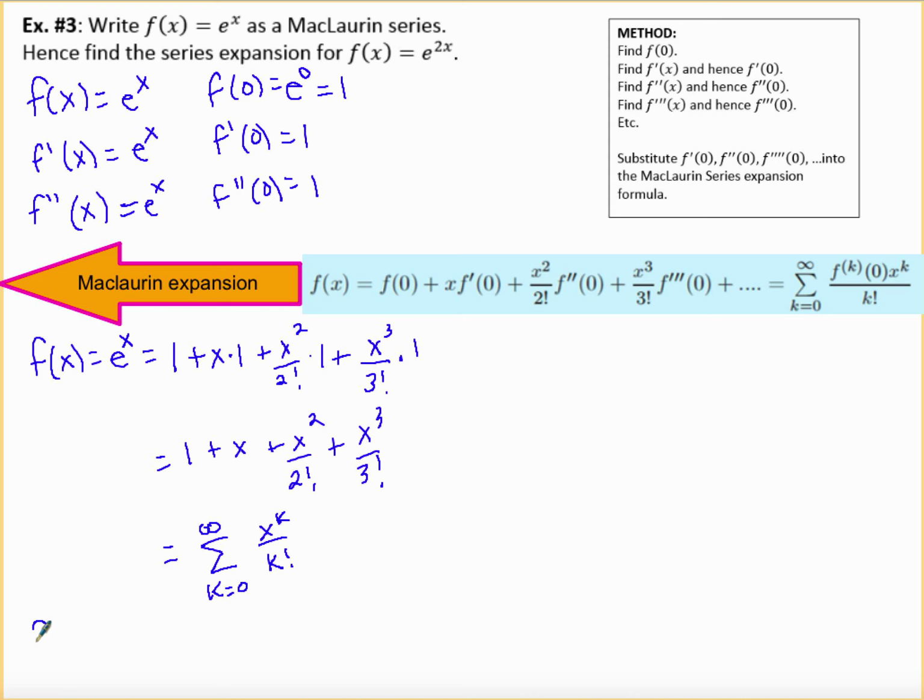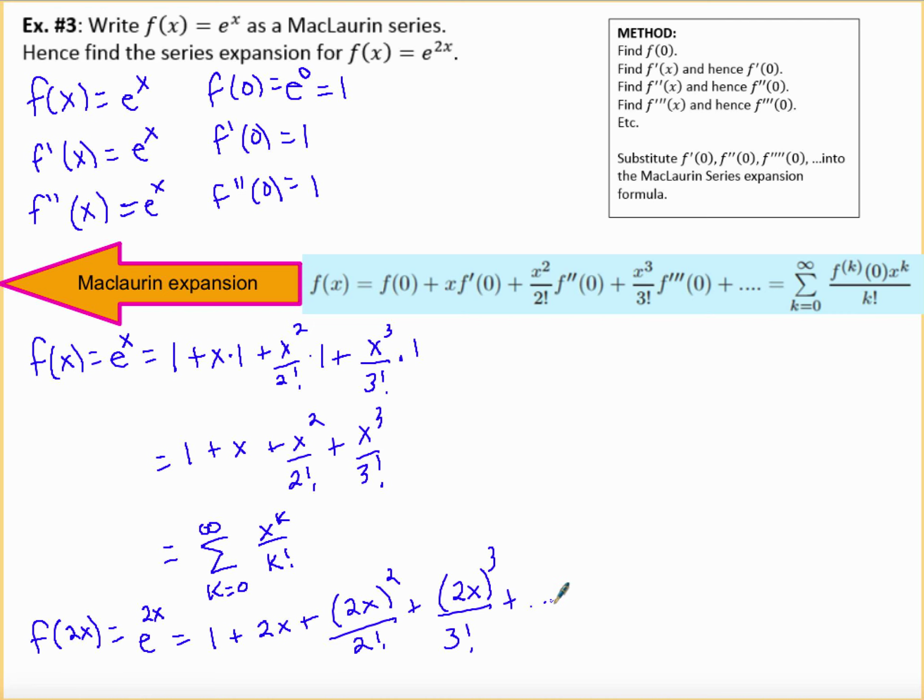So f of 2x is e to the 2x power, which is 1 plus 2x plus 2x squared divided by 2 factorial plus 2x cubed divided by 3 factorial, and so on and so forth.